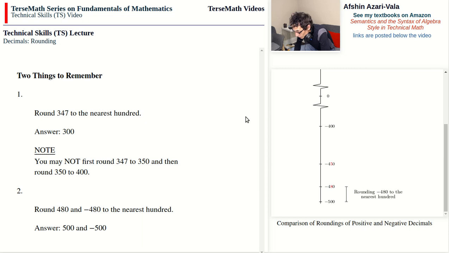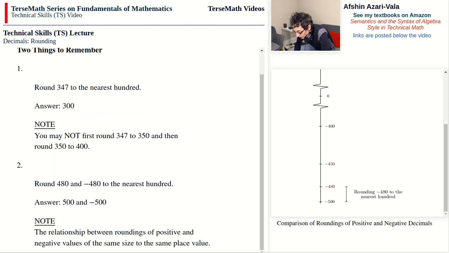And therefore, if you're rounding a negative number, you can always round the positive one and then put the negative sign next to it. And there we have it, the relationship between roundings of positive and negative values of the same size to the same place value. You get the same size, but one will be positive, the other one will be negative.